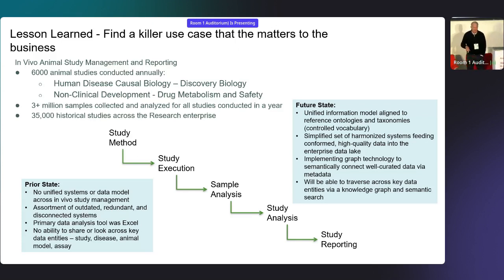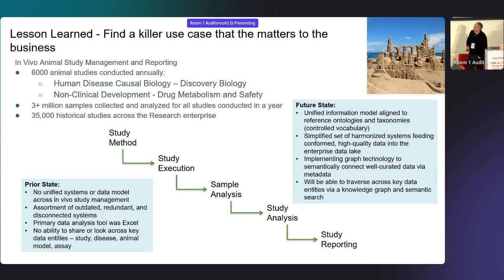We did implement graph. We put a knowledge graph over the top of this so that we could look across studies and traverse key data entities like assays, which is a really challenging thing to do. And so, staying with the boil the ocean versus grains of sand analogy, this is a version of a sandcastle. This is where value gets created.